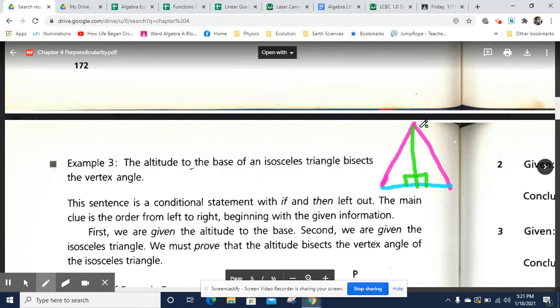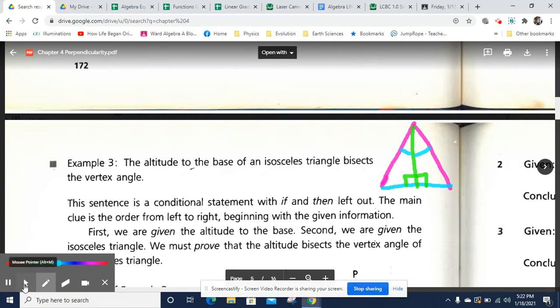We've established this as an isosceles triangle, so the hypotenuses here are congruent, and so we can easily prove by hypotenuse leg that this left triangle is congruent to this right triangle, and by CPCTC, the vertex angle here is bisected because these two are congruent, and so bisection divides an angle into two congruent parts.